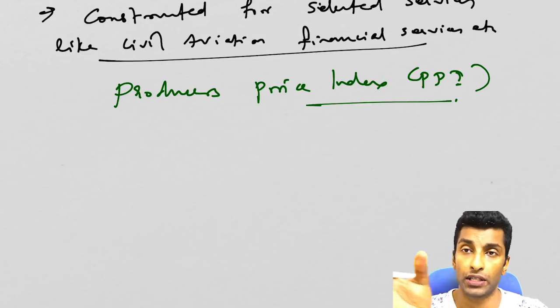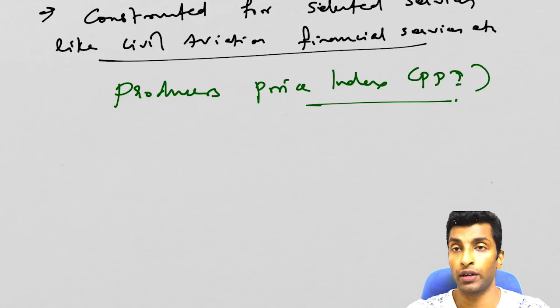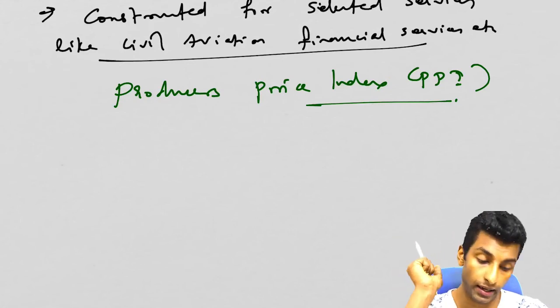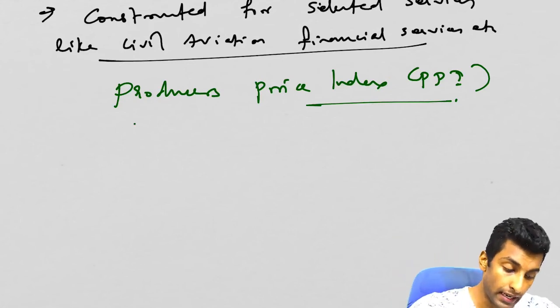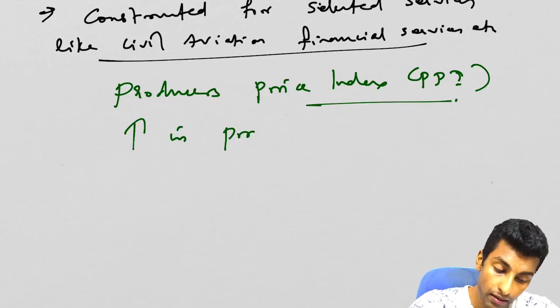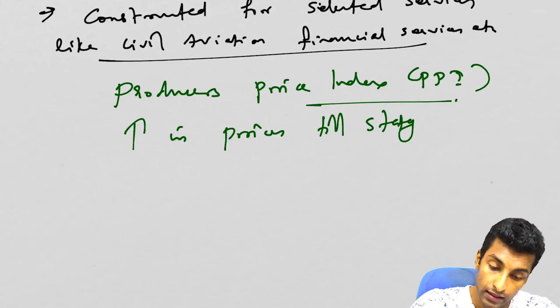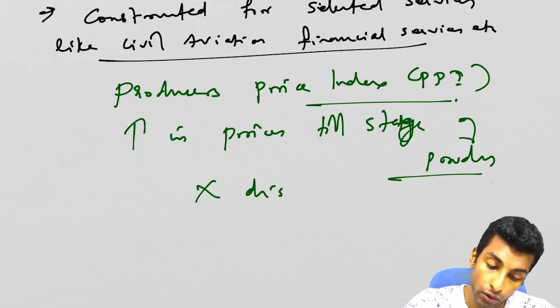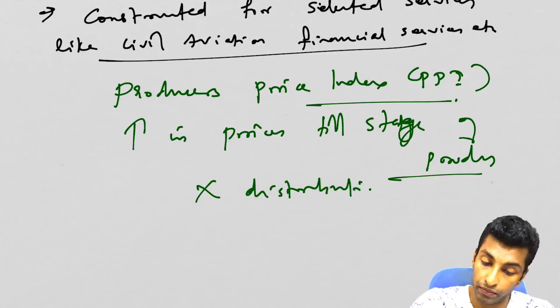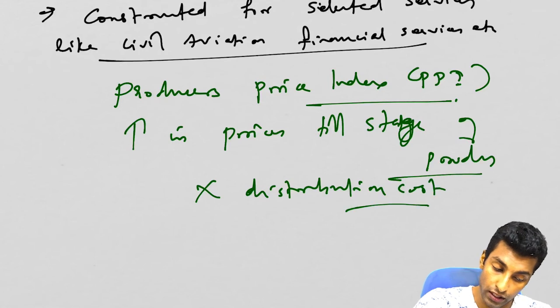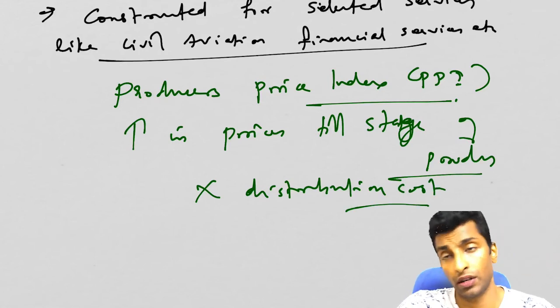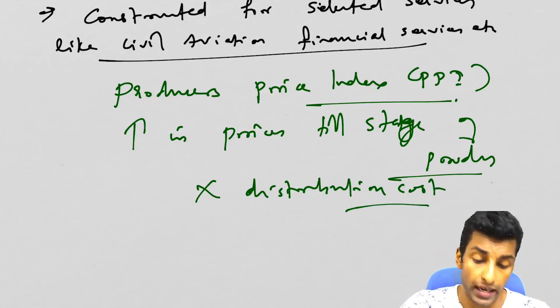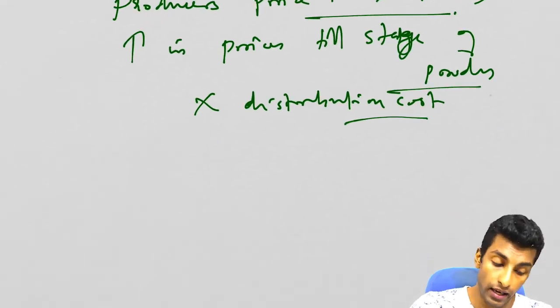Up to the stage of production, the increase in cost is considered under the producers price index. It does not include distribution cost. Distribution cost means transportation cost, traders' profit margin, tax on traders; all these things are not included here.